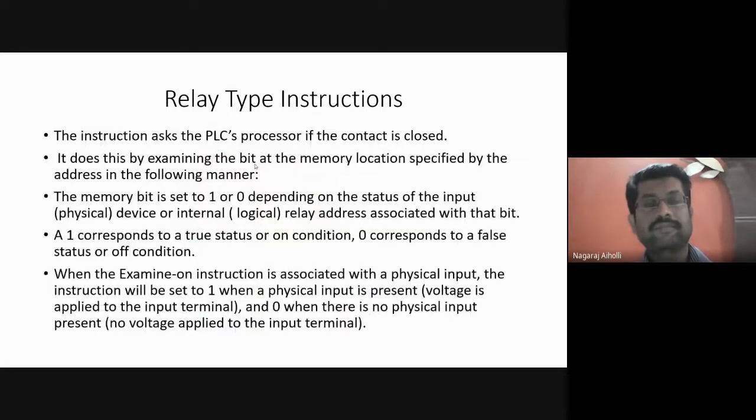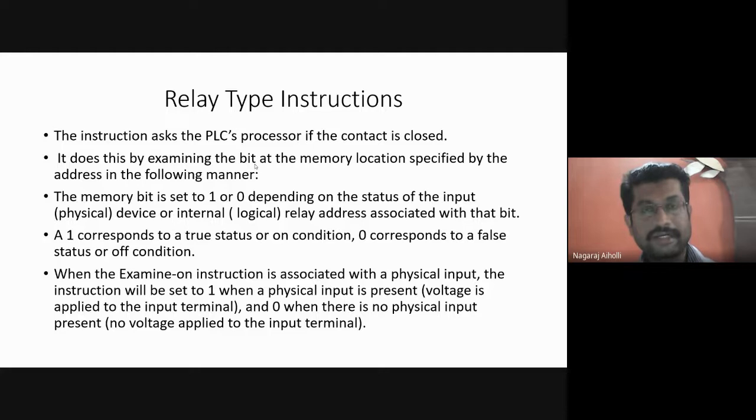What is the main function of the processor here? What is the job of the processor? The job of the processor is to identify the bit being stored in the status of the input image table.